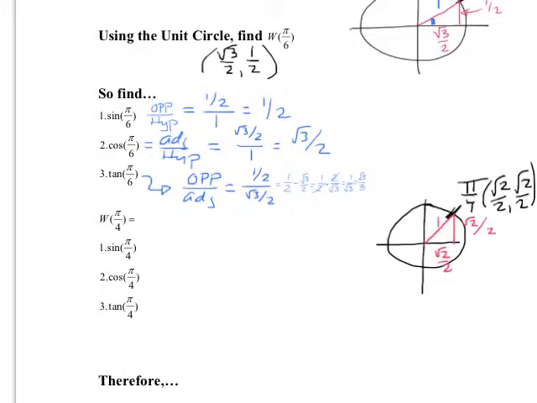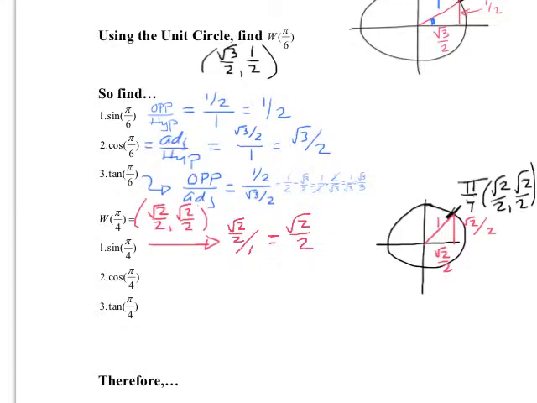Well, if you're trying to fill out the wrapping function, you would just say it's root 2 over 2, comma root 2 over 2. If we're talking about the sine of pi over 4, well, remember sine, as we wrote up here, is opposite over hypotenuse, so that would be root 2 over 2 over 1, or just root 2 over 2.